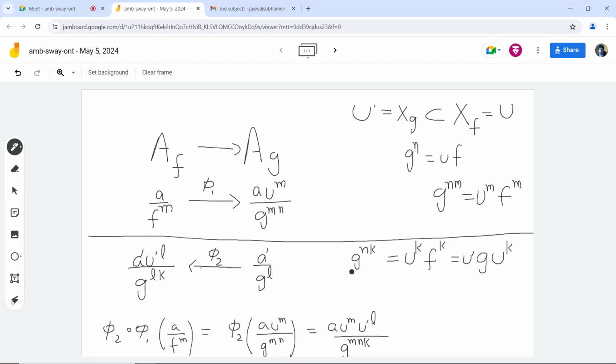And so g to the mnk becomes u u prime to the m, but there is another g, right? G to the m, and u to the km.